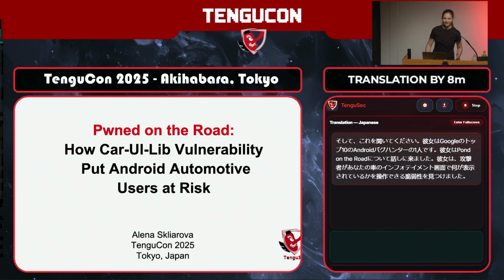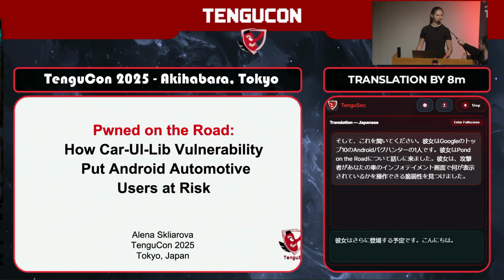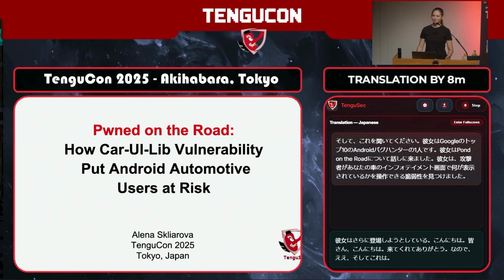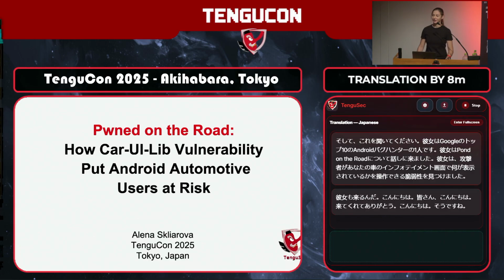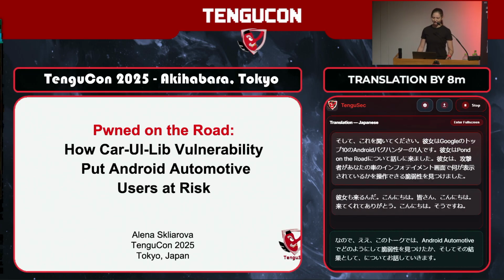Hello everyone, thanks for coming. In this talk I'm going to talk about how I managed to find vulnerabilities in Android Automotive, and as a result, how I was able to alter the content of the visual appearance of a car's infotainment system.